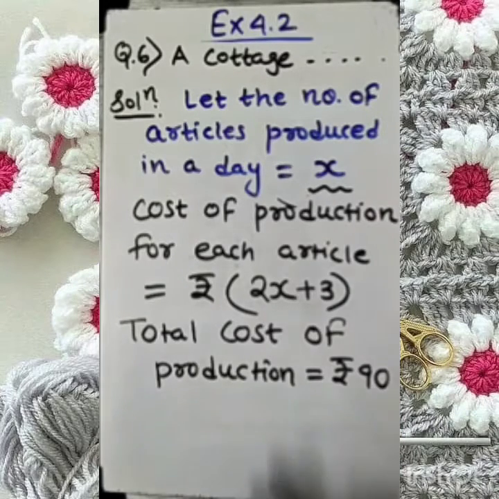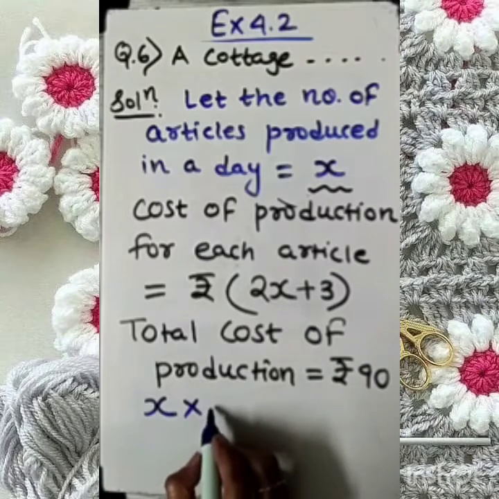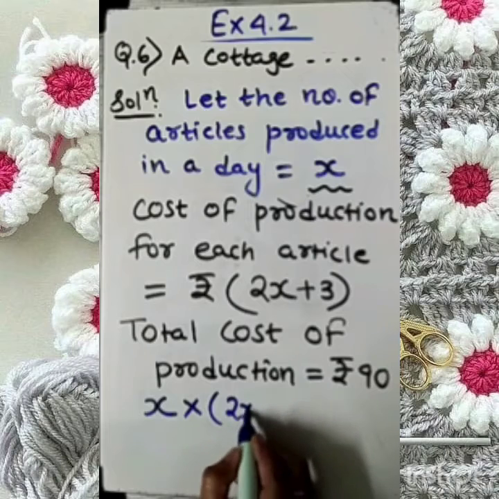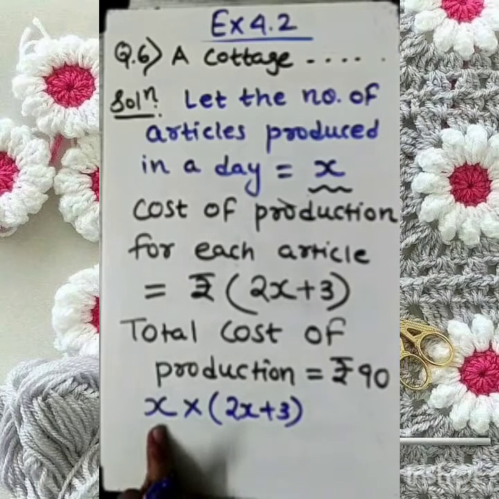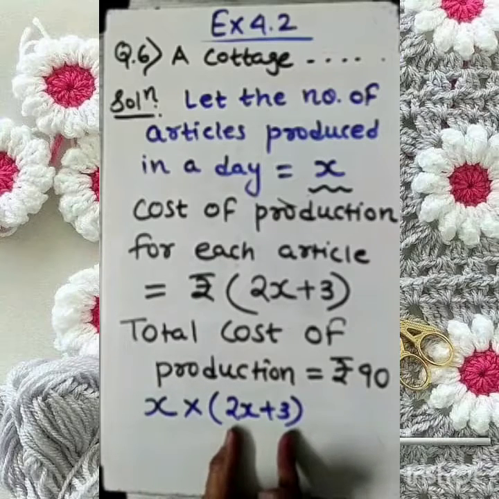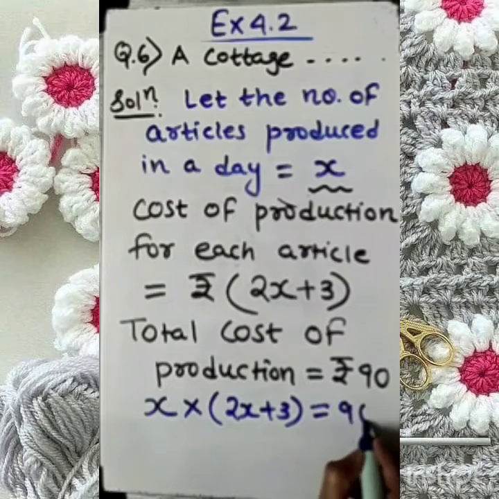As we know, the total number of articles multiplied by the amount of each article gives the result 90 rupees, the cost of production.